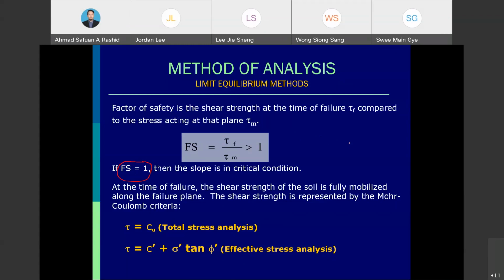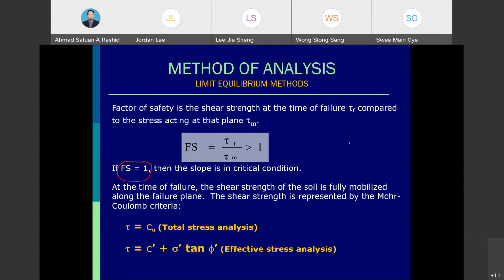For example, a sudden additional load, or a loss of strength due to the weathering process or infiltration of water, can suddenly increase the driving force and definitely reduce the factor of safety.